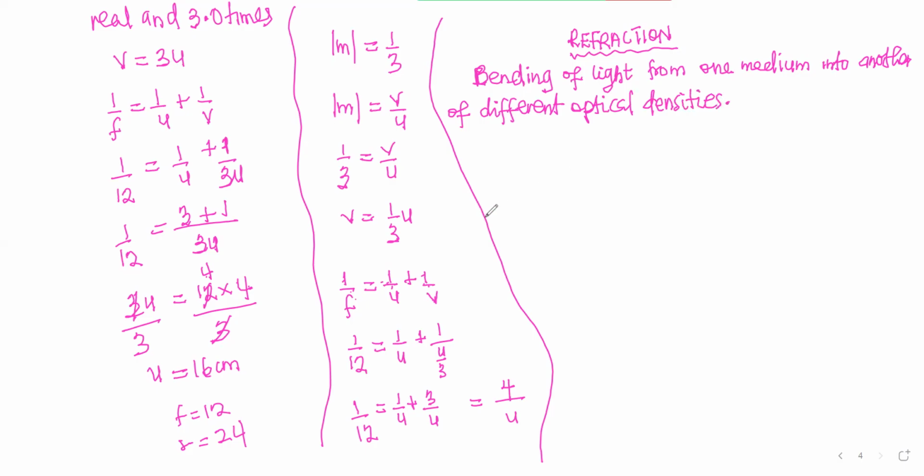So this one is about bending of light from one medium into another medium as a result of difference in the optical densities of the two media.